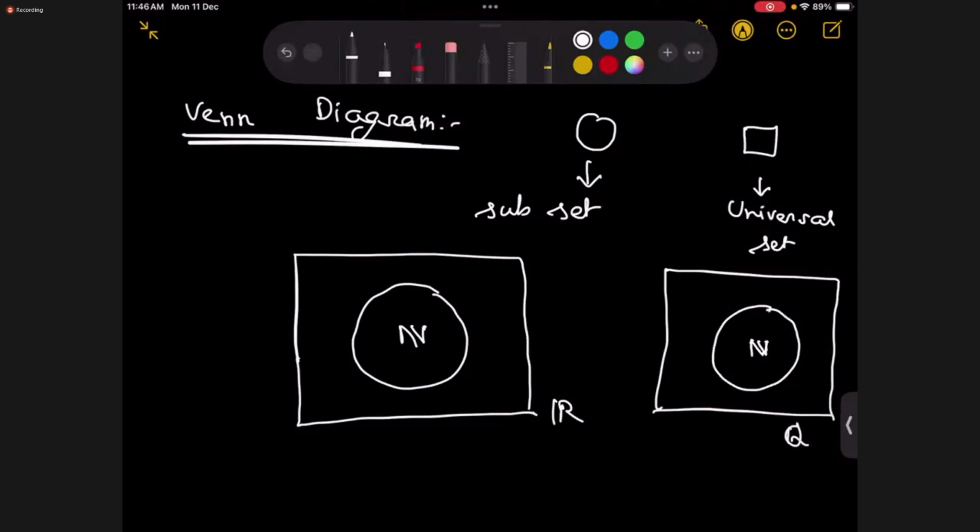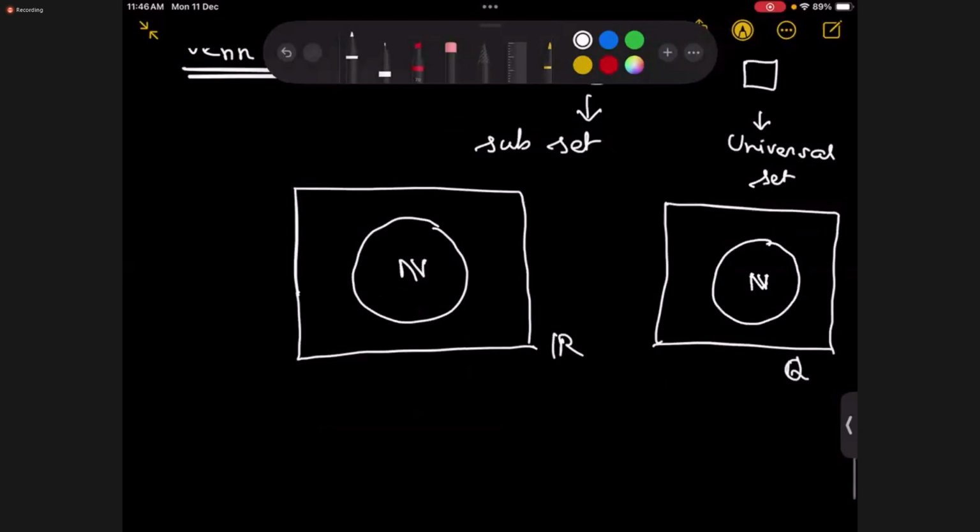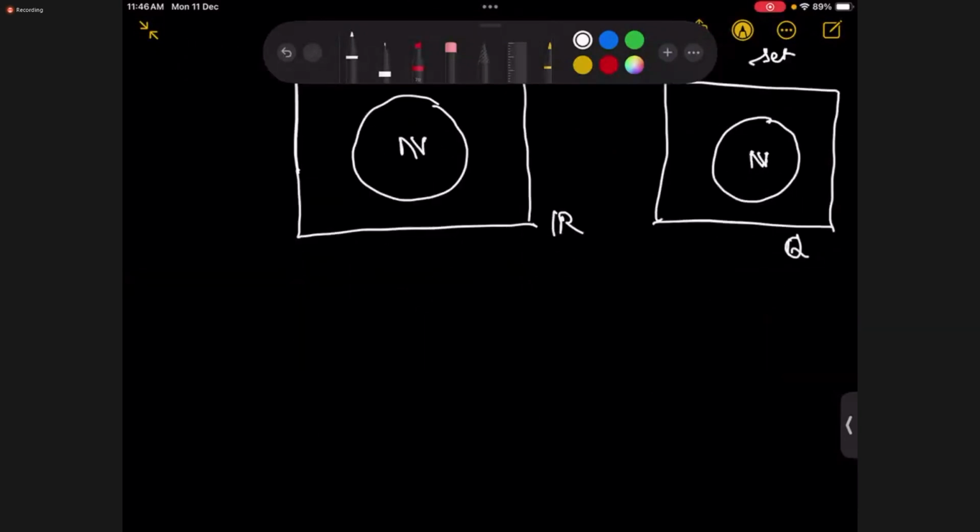Or, for example, if I take a set like this, let's take U equals 1, 2, 3, up to 10.